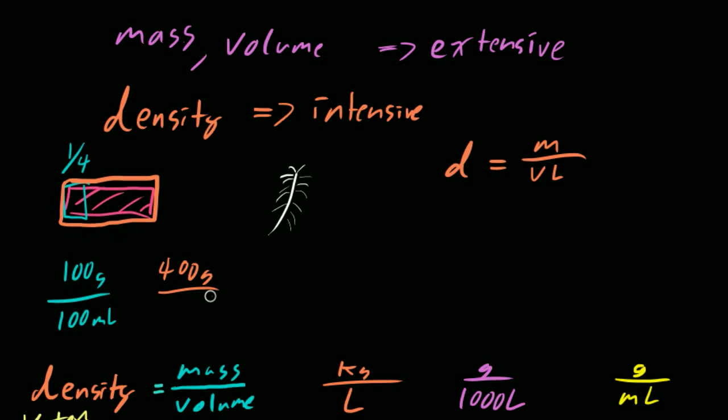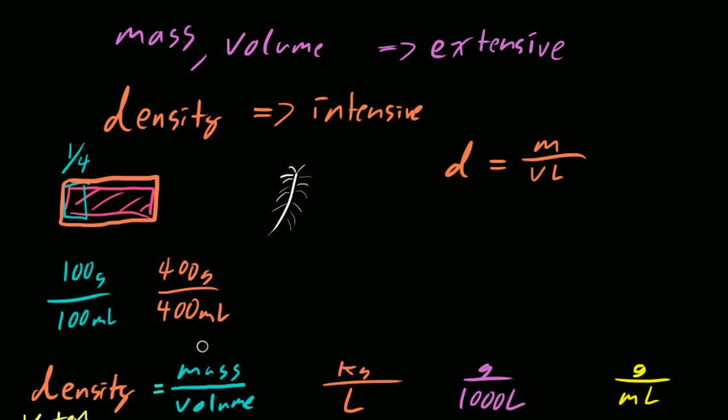And if a quarter of the brick occupied 100 milliliters of volume, how much would this entire brick occupy? Well, it would occupy 4 times 100 milliliters. So it would occupy 400 milliliters.